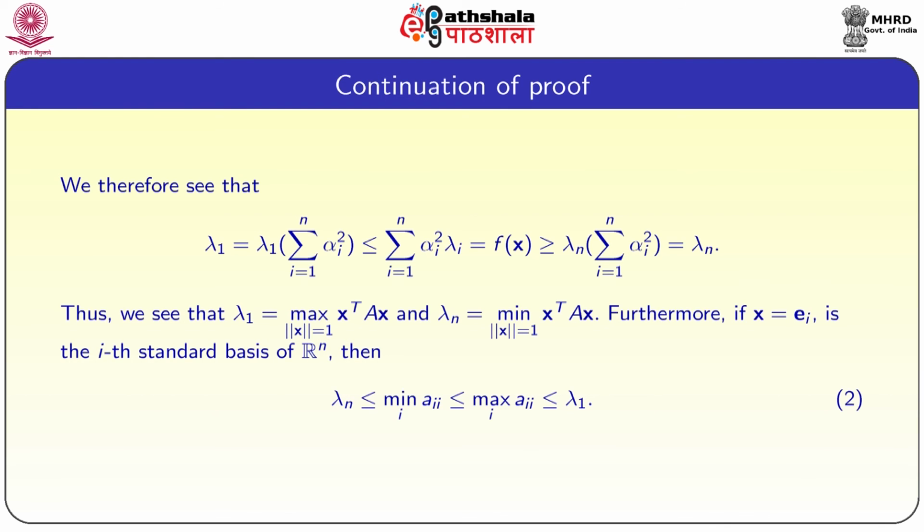Thus we see that lambda 1 is the maximum of x transpose A x, where norm of x equals 1, and lambda n is equal to the minimum of x transpose A x, where norm of x equals 1. Furthermore, if x equals e i, the ith standard basis vector for R power n, then we have lambda n less than or equal to the minimum of a_ii, less than or equal to the maximum of a_ii, less than or equal to lambda 1.